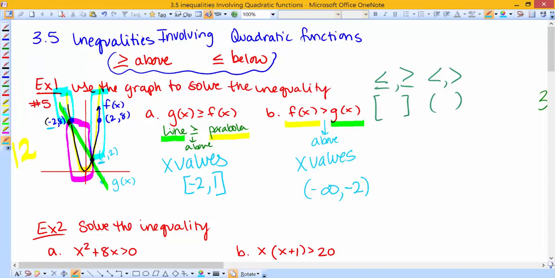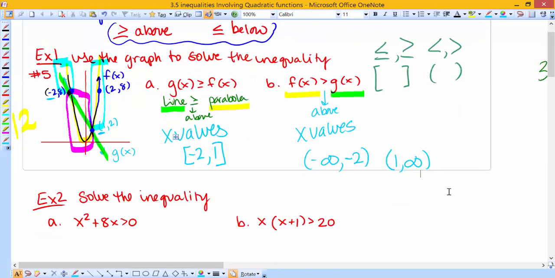Also parenthesis because it's not equal to. And then this one is starting at 1. The x value is 1. And these arrows are going to the right, so infinity. Those are the two places where yellow is above green. Please don't forget it's the x values that we're talking about here. Okay, that's the easy example.